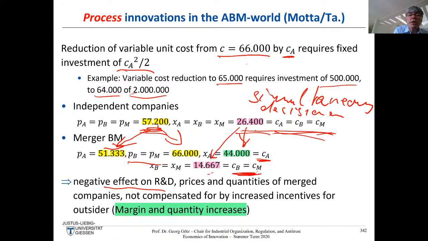CB and CM here, not CA, Audi actually invests more in R&D, but the other companies invest less, and on aggregate, the price and quantity increase of the merged firm is not compensated for by the increased price and increased quantity by the outsider, Audi. So the margin and the quantity of the outsider increase, but overall you have a negative effect on consumers.